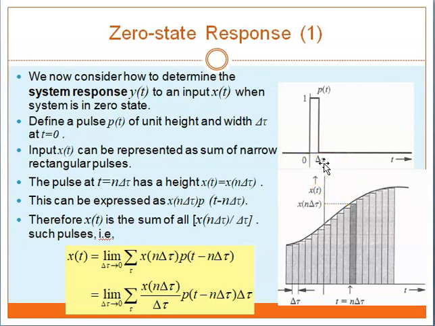We now consider how to determine the system response y(t) to an input x(t) when the system is in zero state. So you define a pulse like this over here. This figure is showing you a pulse p(t) of unit height, and the width is equal to delta t.